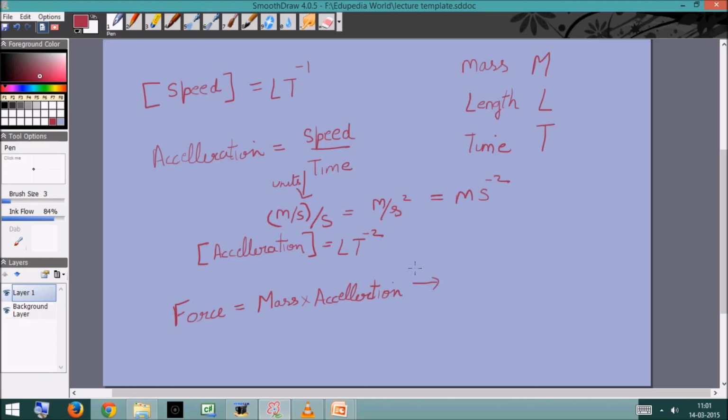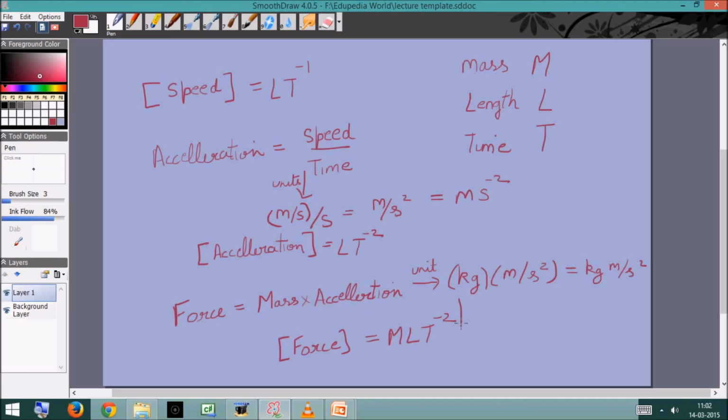So the unit is the unit of mass, which is kilograms, times the unit of acceleration. The unit of acceleration we saw here is meter per second square. So which is kilogram meter per second square. So we will say the dimensional formula for force is M L T minus 2.